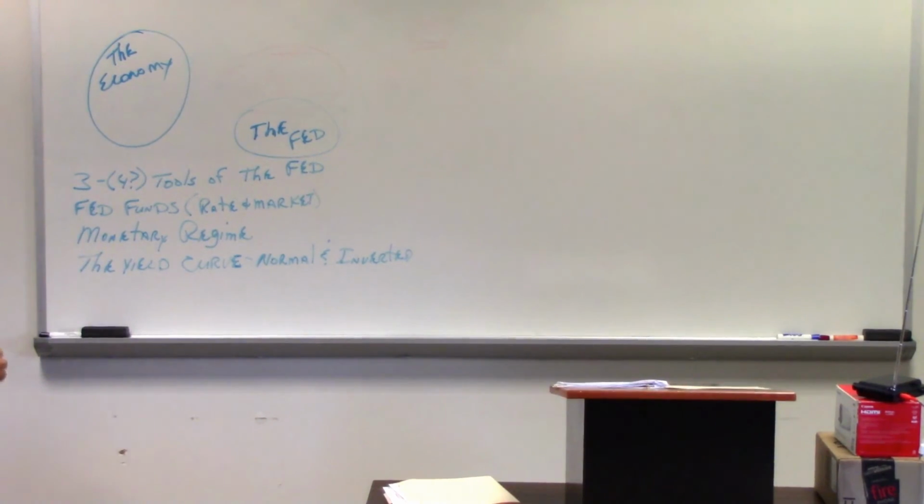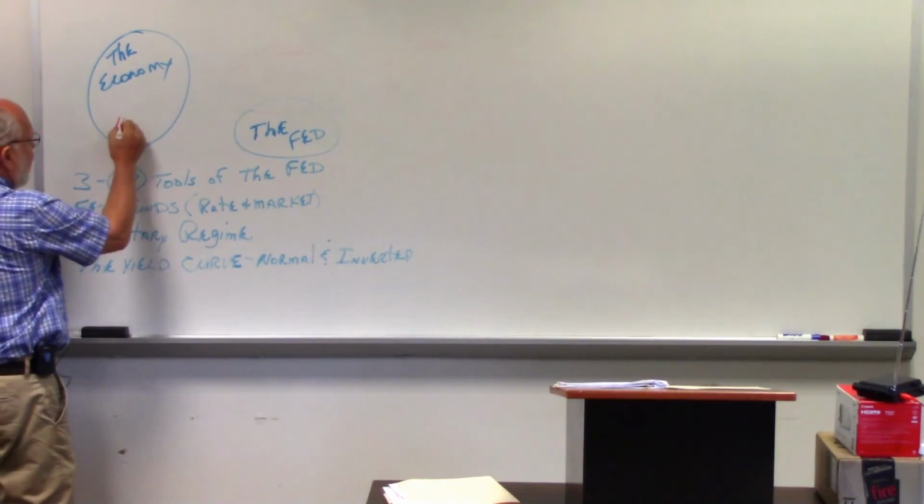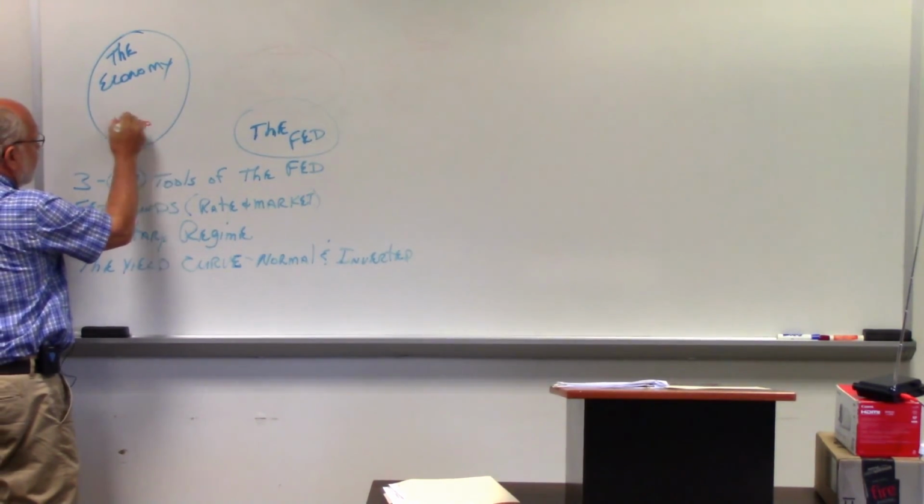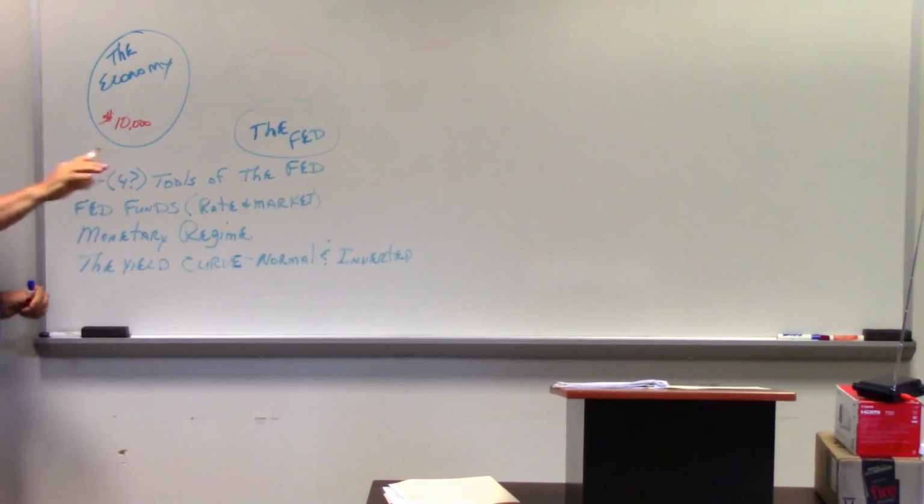So let's say that $10,000 is in the local bank, and we want to turn that into a Treasury bill.